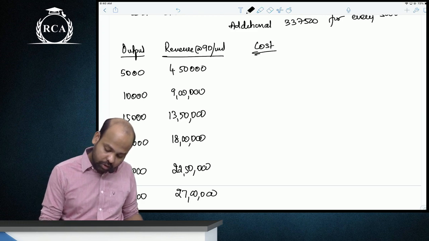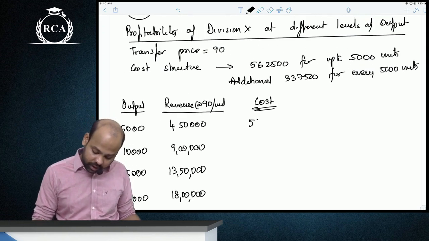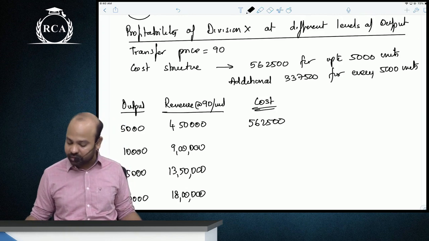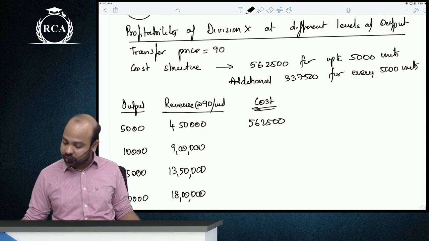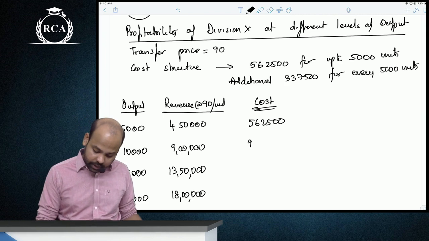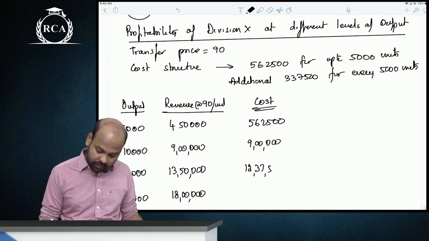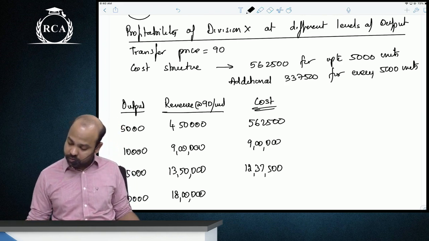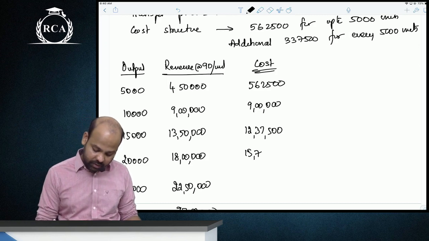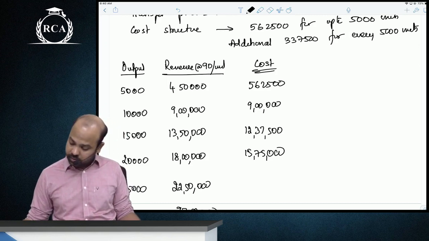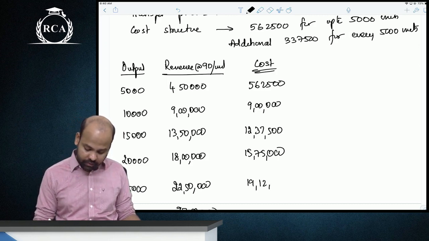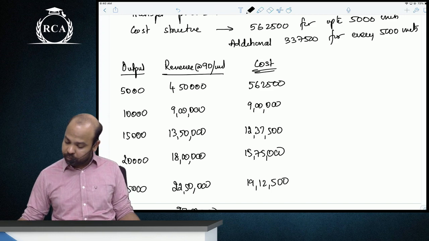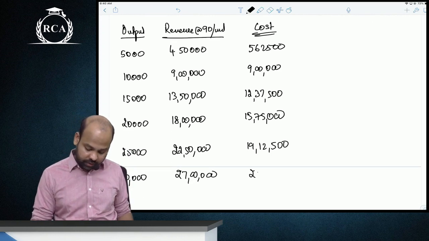When I talk about cost, remember I just gave you these details. It is 5,62,500, and we keep increasing that by 3,37,500. So 9 lakhs, 12 lakhs 37,500, 15 lakhs 75,000, 19 lakhs 12,500, 22 lakhs 50,000.